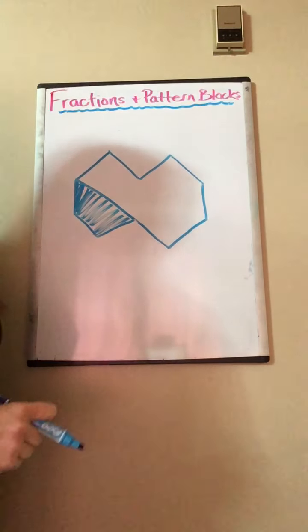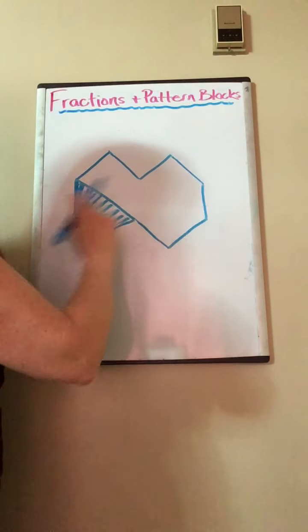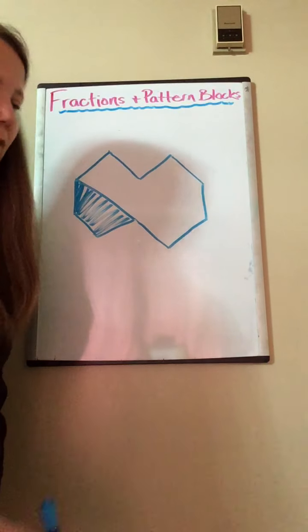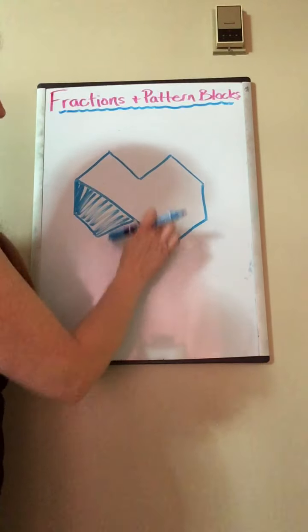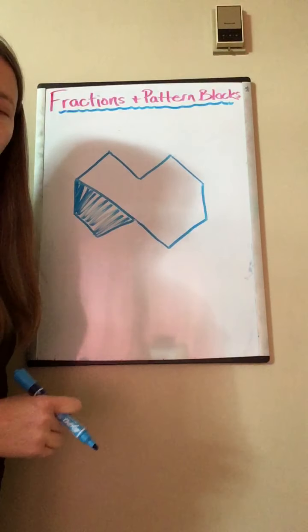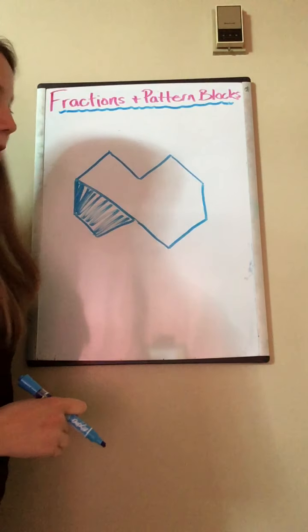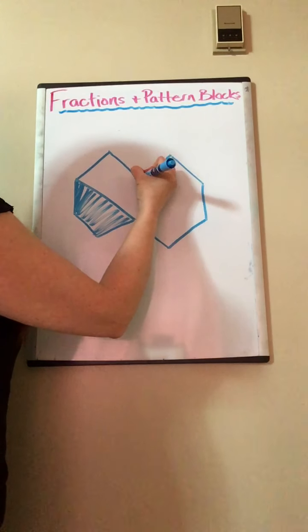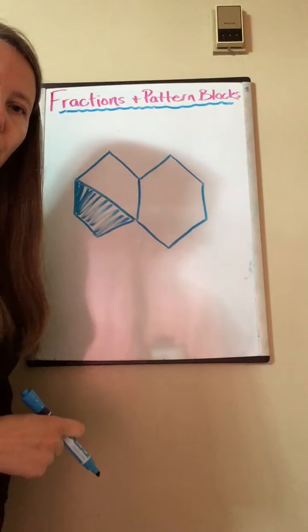Okay, there's my trapezoid. Now, can I write a fraction for this? You're right, I cannot make a fraction for this because this trapezoid is not equal to the rest of this shape of 2 hexagons. So my first job is to make equal parts. I'm always going to divide right down the middle between my 2 first.